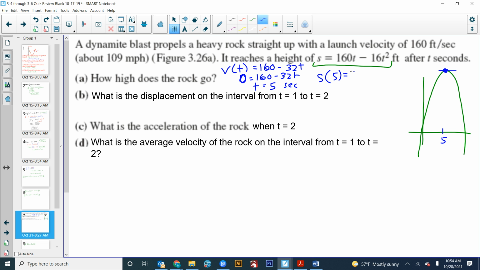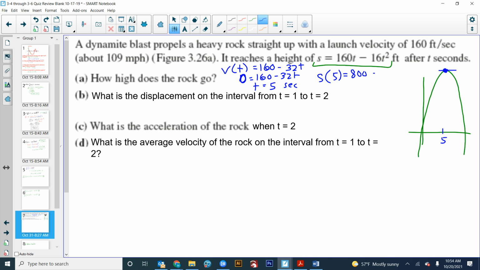Minus, what's 5 squared? 25 times 16. Well, it's 25 times 10 and 25 times 6. 25 times 10 is 250. 25 times 6, what's 6 quarters? 150.